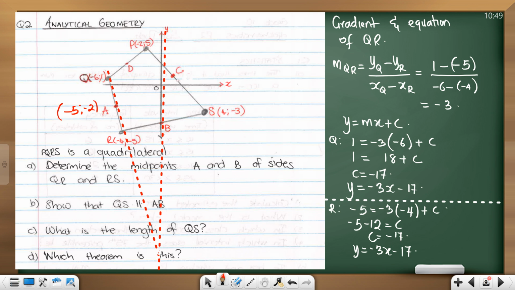Can you quickly calculate for me the gradient of AR? Quickly check for me, calculate it. The gradient of AR.